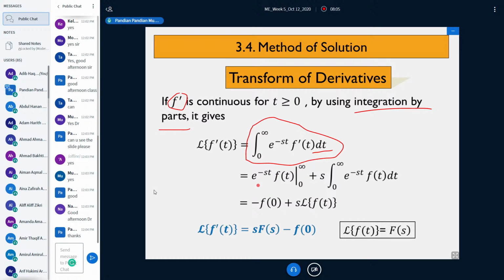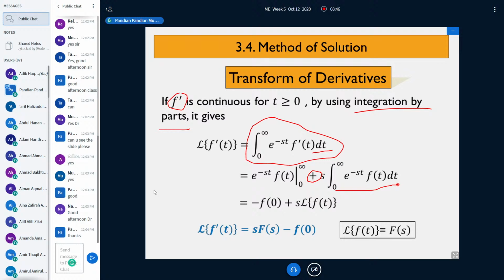So v is the integral of f dash t with respect to t, you get back f(t), from 0 to infinity, minus the integral of v du, that is f(t) times du dt. Differentiate u, which is e to the minus st, so you get minus s e to the minus st. Remember s is the constant, t is the variable. So minus becomes positive here.